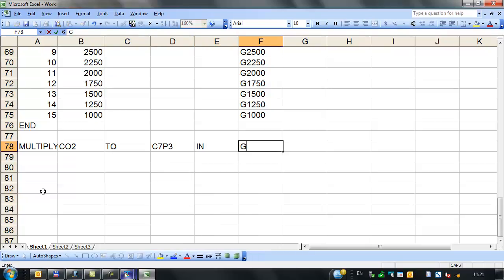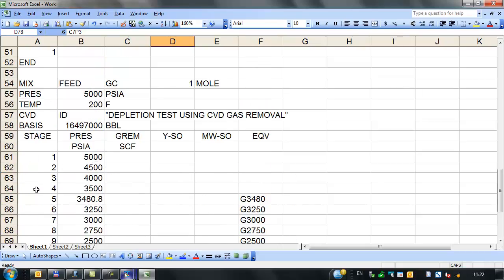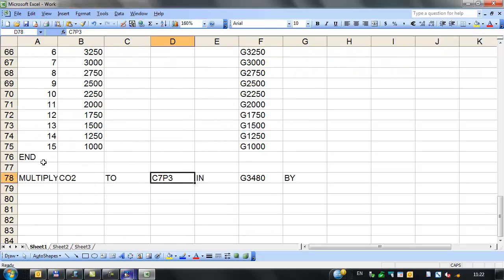And G3480 by, no, let's see. All we have to do is multiply. We're going to get rid of all the light components, so that's going to be down to C3.